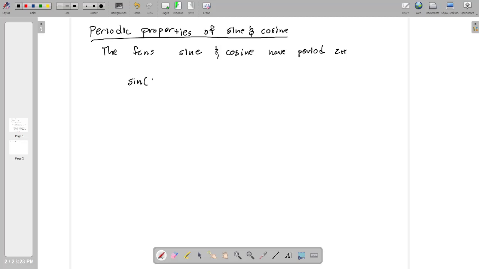So this means then that sine of t plus 2 pi is equal to sine of t, and cosine of t plus 2 pi is equal to cosine of t. On the unit circle, what this represents is going a full circle around.